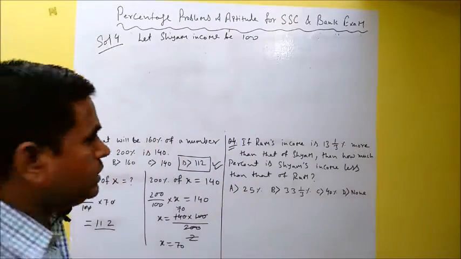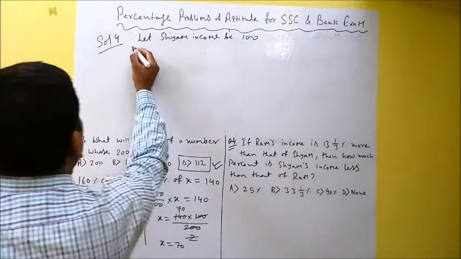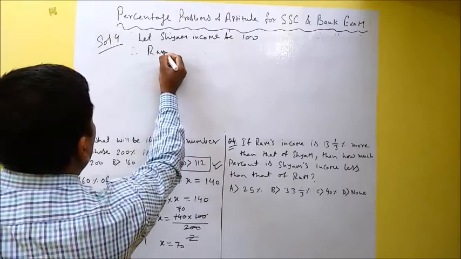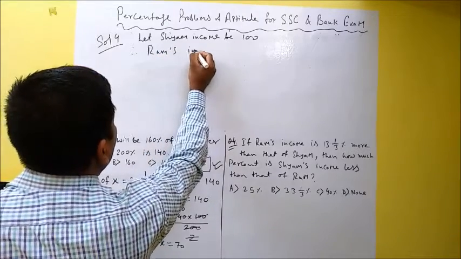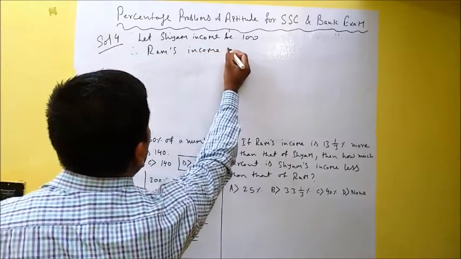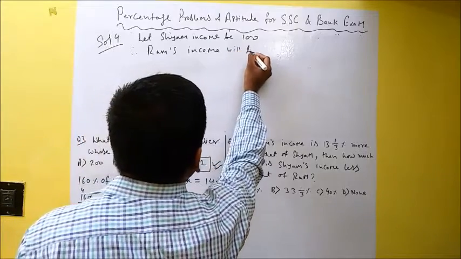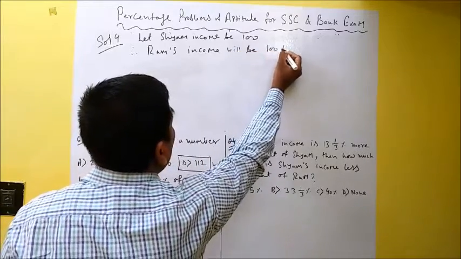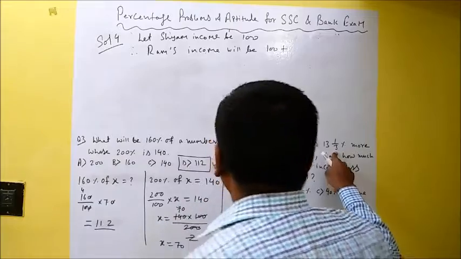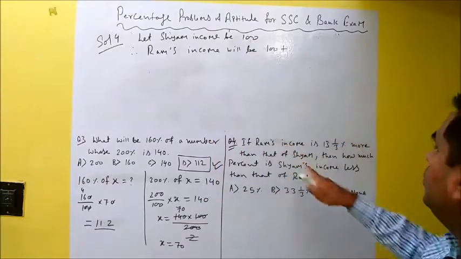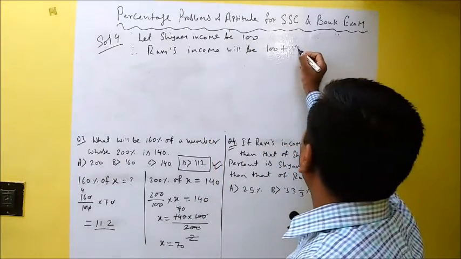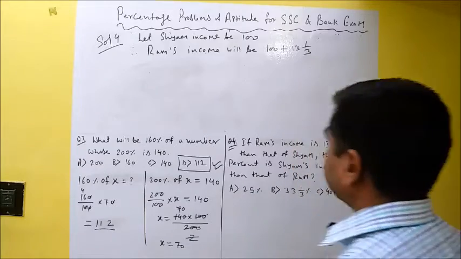If Shyam's income is 100, therefore Ram's income will be 100 plus, this is percentage, right? That's why I took 100. So 100 plus 13 1 by 3.